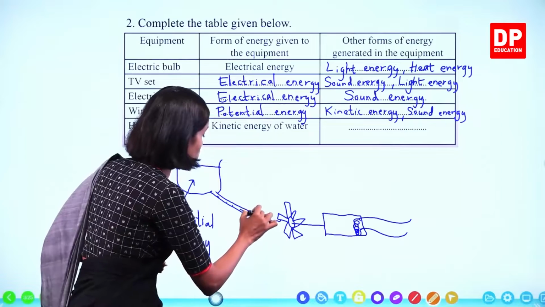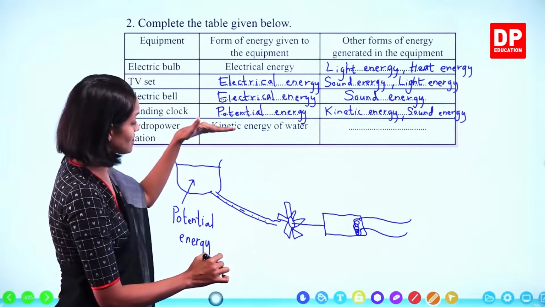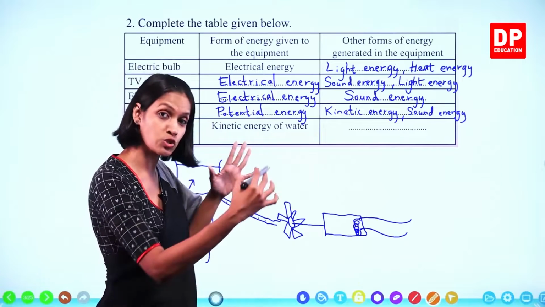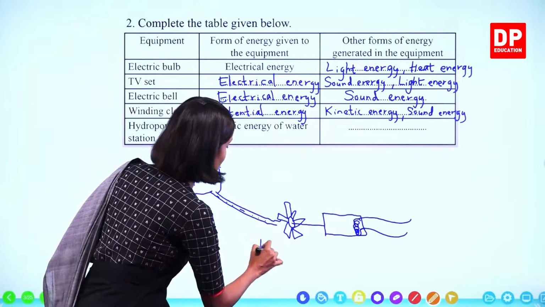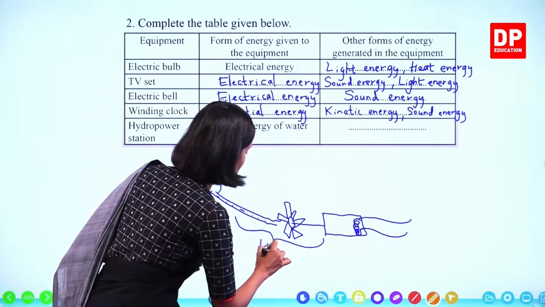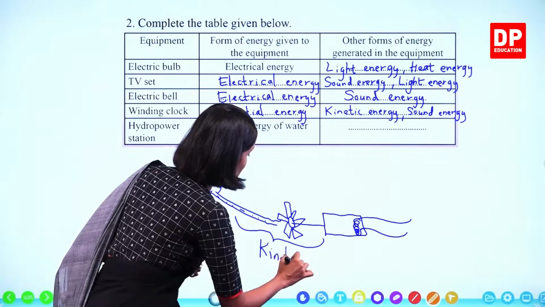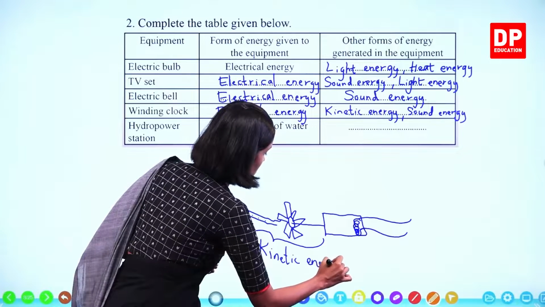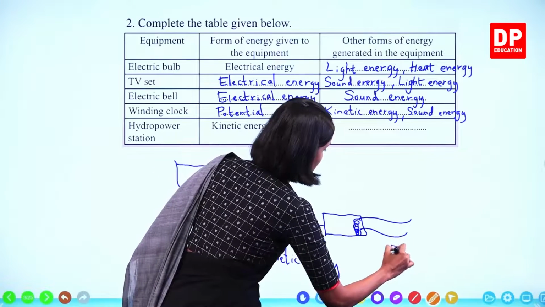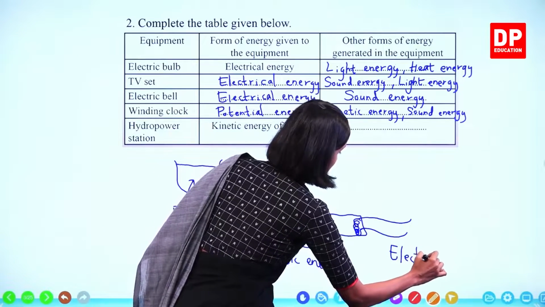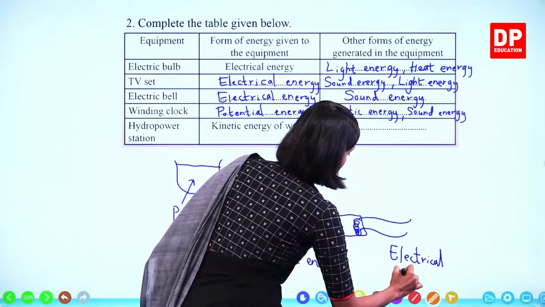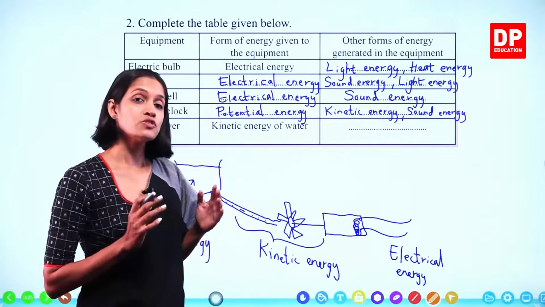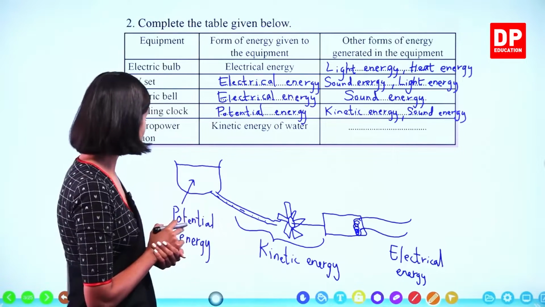So potential energy first converted. We can consider the kinetic energy of water and the turbine and the dynamo, everything together as kinetic energy, right? Kinetic energy and electrical energy. Right, children? So what is the main energy transformation?